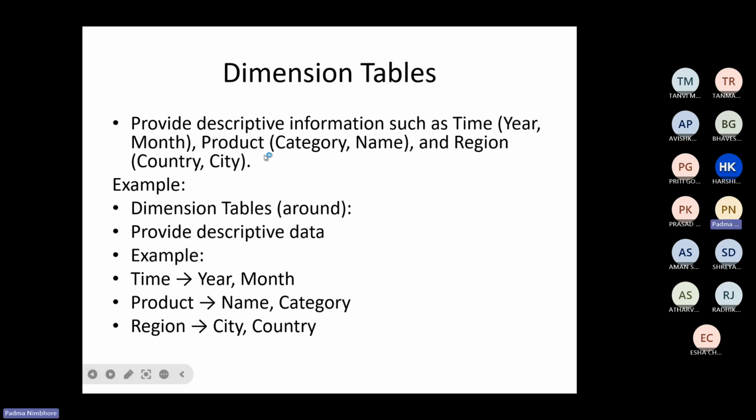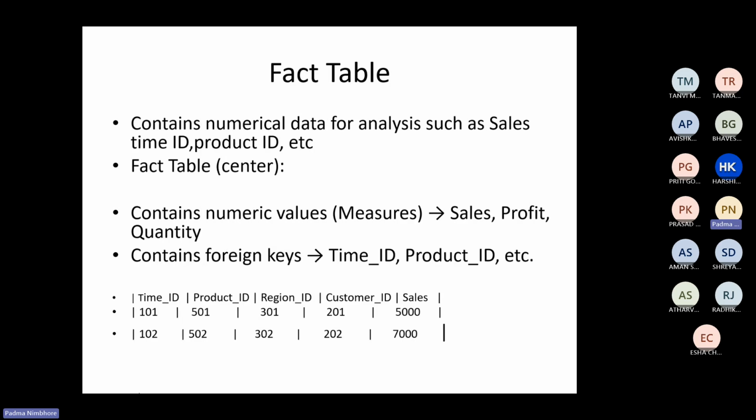Okay, so the dimension table relates with this information, remember, like your category name or your region like countries or city. More examples are also given here related to your dimension, that is time, product or region. In the fact table you are matching these time IDs, product IDs, region IDs and customer IDs.